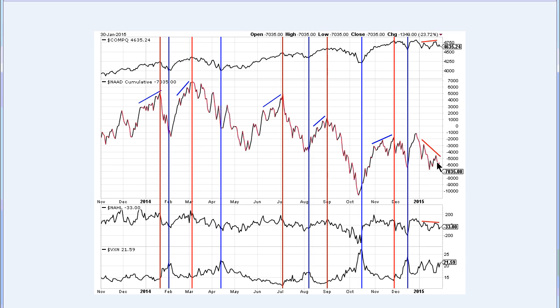And it's because we're essentially seeing fewer and fewer issues advancing on the days that the Nasdaq is going up. So internally, there are fewer market participants, or fewer stocks participating in pushing the Nasdaq to a higher level. So that tells us there is internal weakness inside this Nasdaq market.